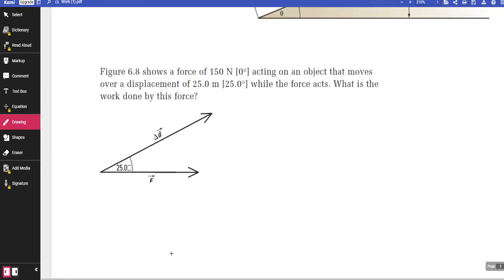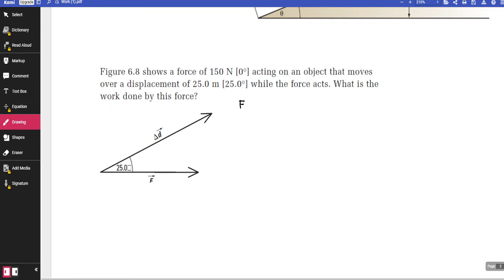I want to talk about this example here. We have figure 6.8, this one, shows a force of 15 newtons acting on an object that moves over a displacement of 25.0 meters at 25 degrees. What is the work done by this force?